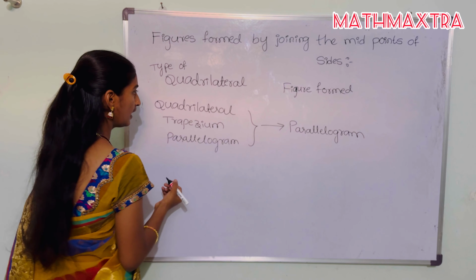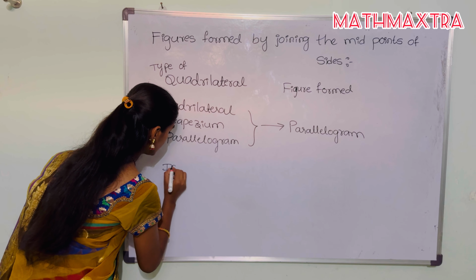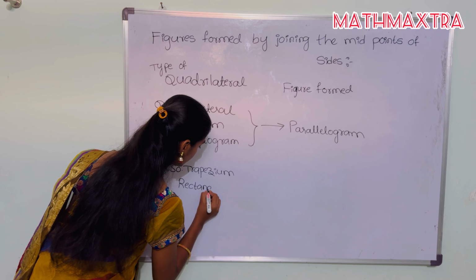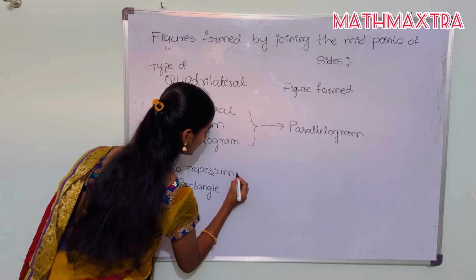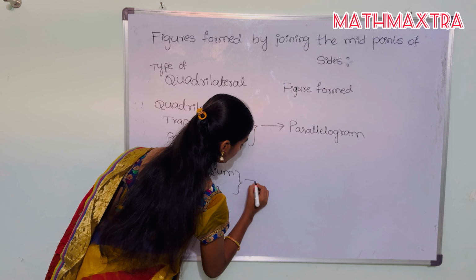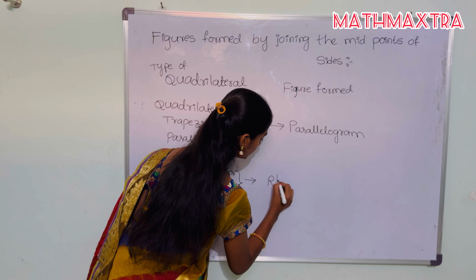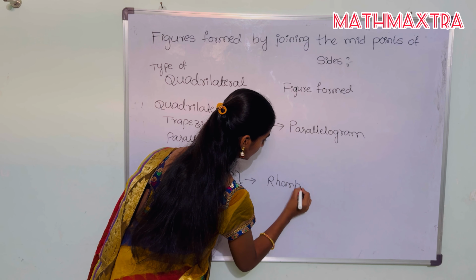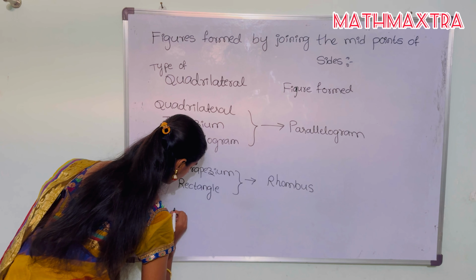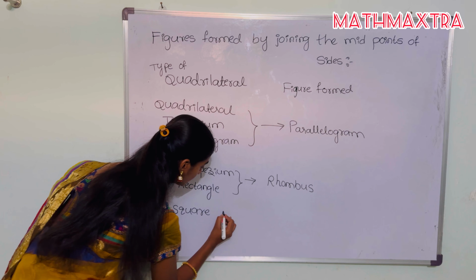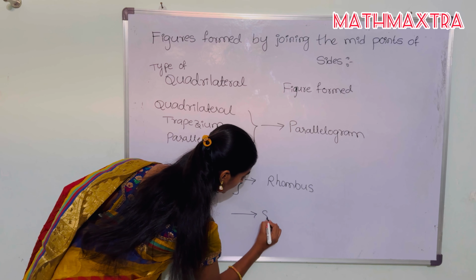And if you take isosceles trapezium and rectangle, so for these two, we have got a rhombus. And for a square, again we got a square.